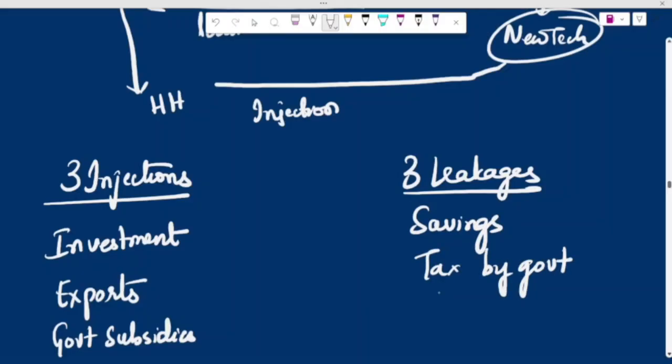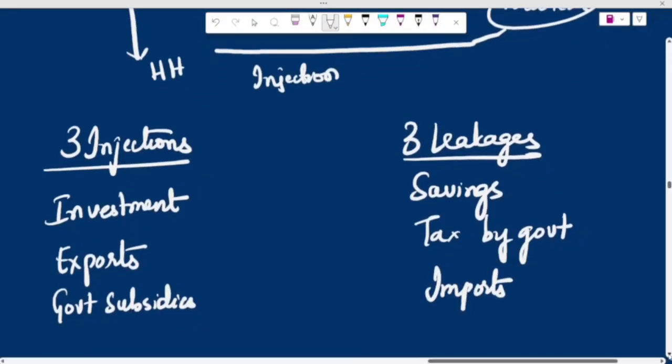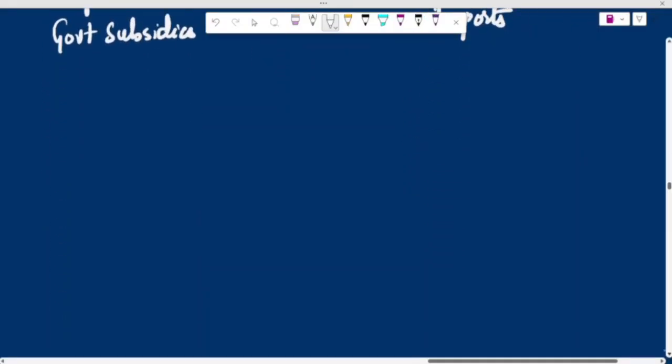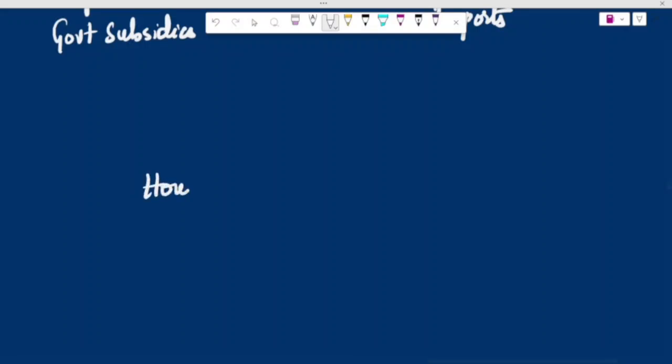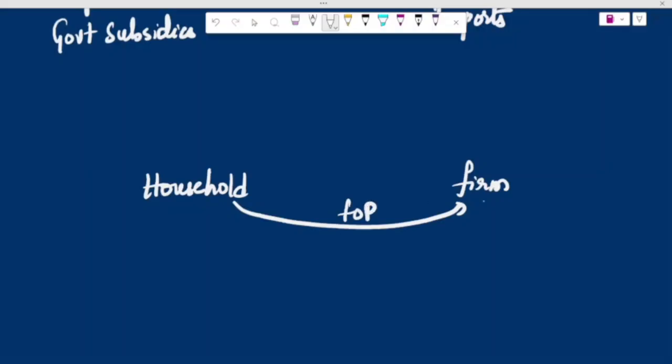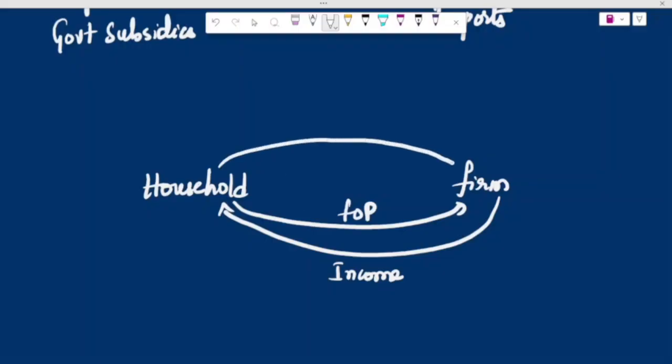So now we'll draw the circular flow of income with these complexes. Fine. So I'll be using different colors. I have that flexibility here. So I am a household and there is a company, right? I'll be giving factors of production to the company and the company will be giving me the income, right? So I'll be doing expenditure, which will be income to the company, and the company will be providing me with goods and services, right?